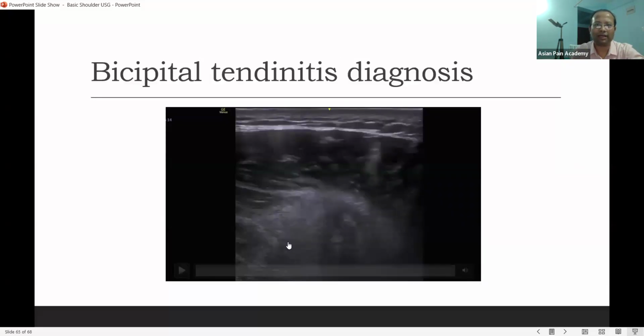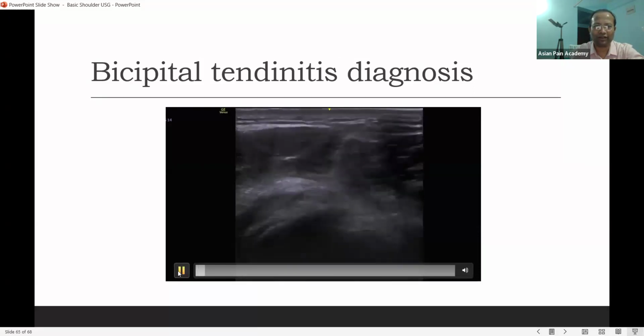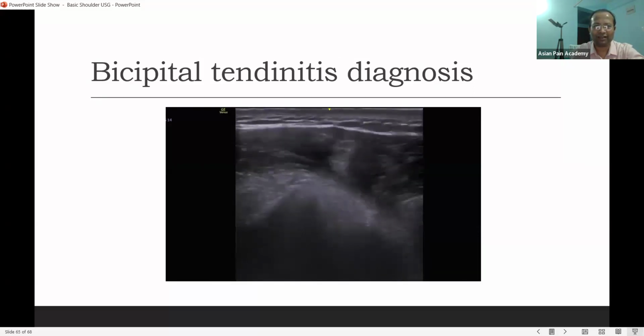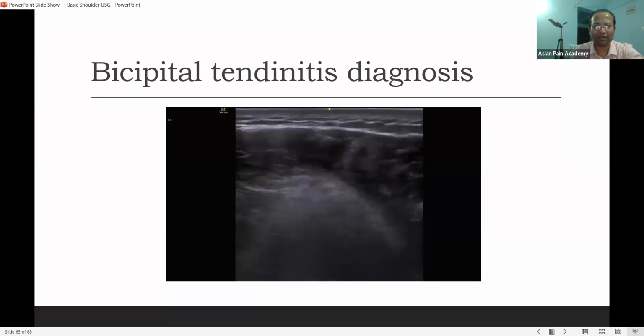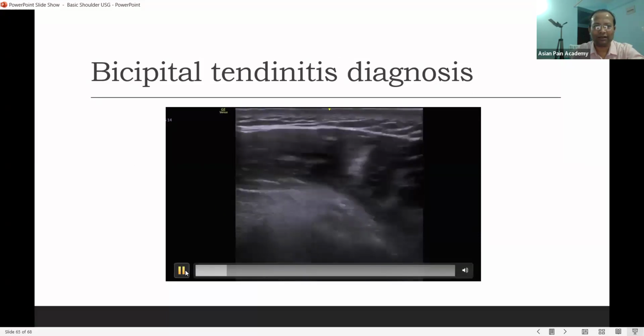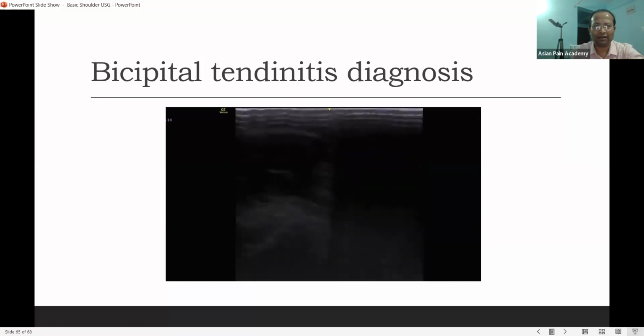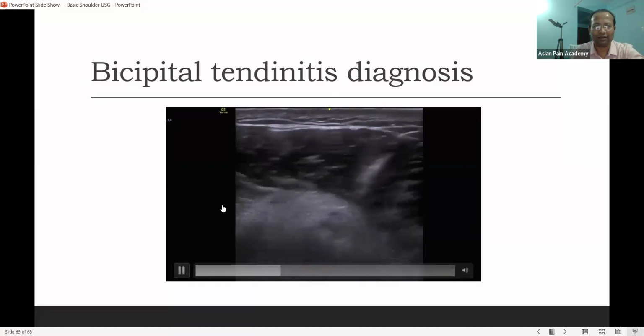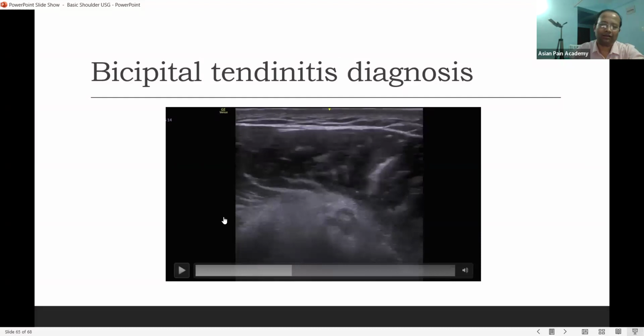Then comes bicipital tendinitis diagnosis. Here it is a very small video, just you see. What we can see here, just in the middle part, this is the biceps tendon. This was the bicipital groove and this is the biceps tendon.